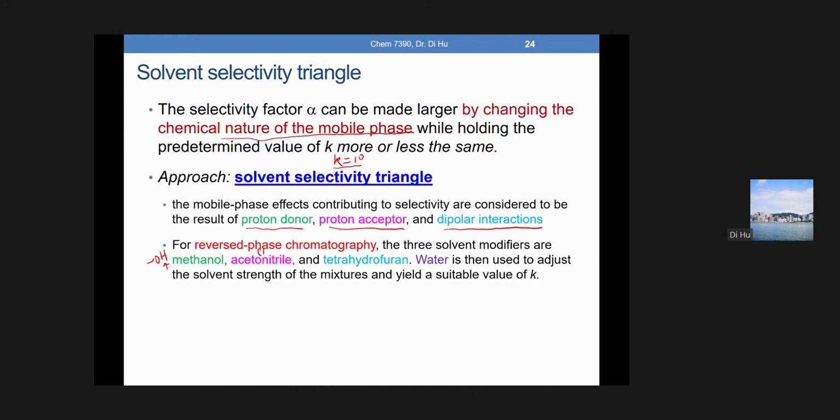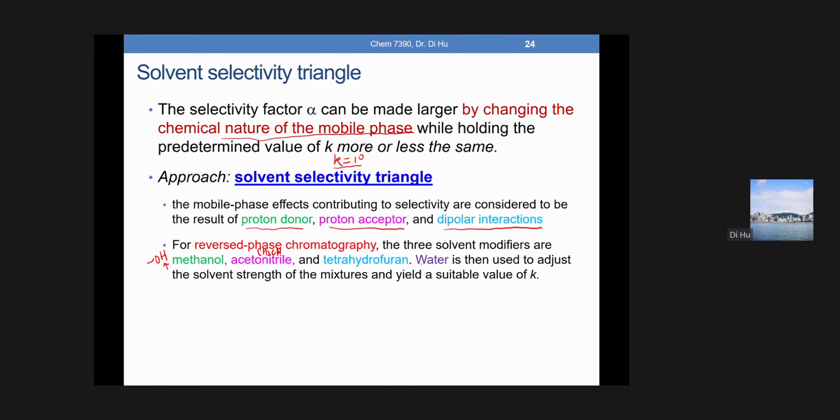It cannot donate a proton, but it can accept a proton. And then tetrahydrofuran, THF, is considered as dipolar interactions. So these are the three basic solvents we use in this solvent selectivity triangle for the reverse phase.